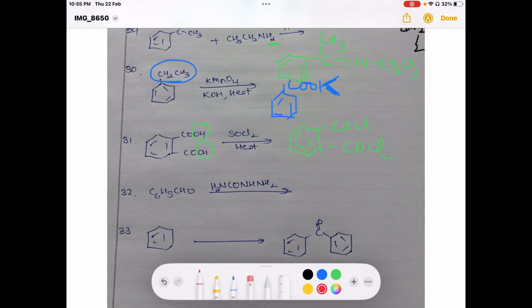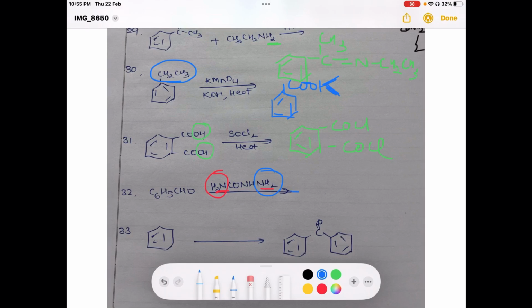Next we have again a reaction of carbonyl with ammonia and its derivative, and this one is semicarbazide. It has two amino groups at the terminal, but only one participates in the condensation reaction. This is the most important reasoning question frequently asked from carbonyl compounds. So this amino group is involved in resonance with the carbonyl, and this one is free to undergo the condensation reaction.